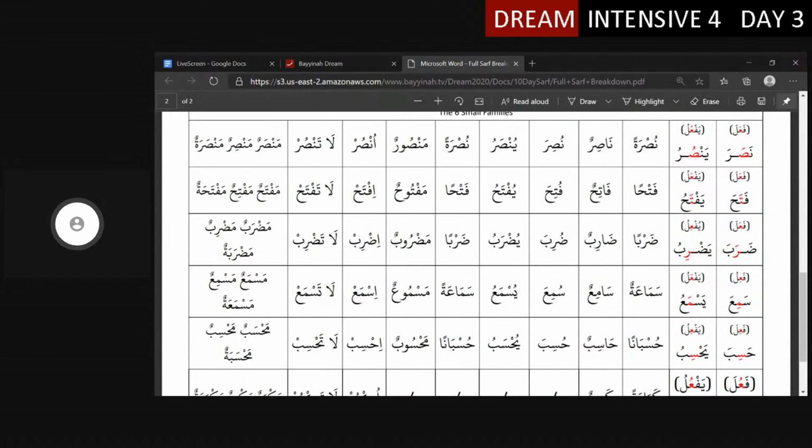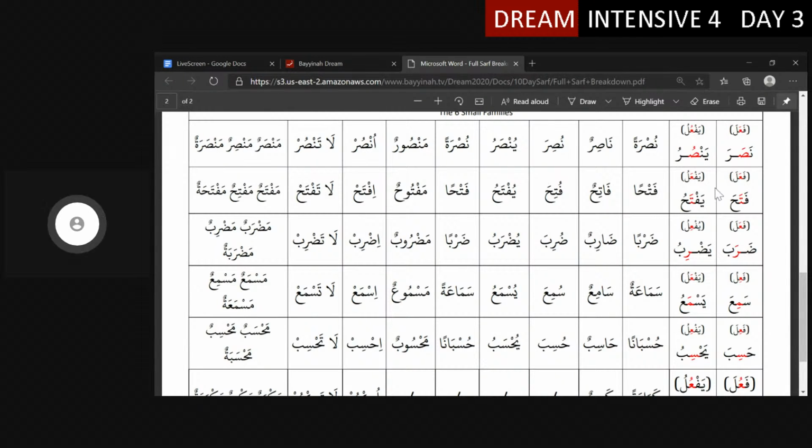So first of all, nasara yansuru on the pattern of fa'ala yaf'ulu. Nasara yansuru nusratan, or you'll also see nasran, but nusratan is the one that Ustad chose for this. نصرا فهو ناصر، نصر ينصر نصرة فهو منصور، الأمر منه أنصر والنهي عنه لا تنصر والظرف منه منصر ومنصر ومنصرة.